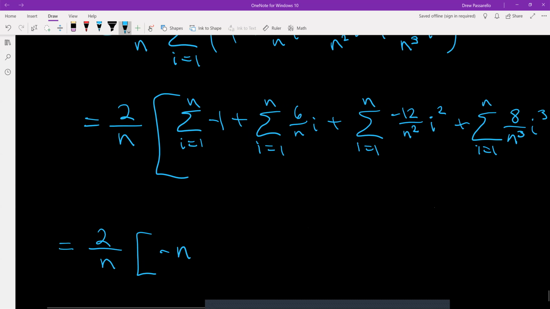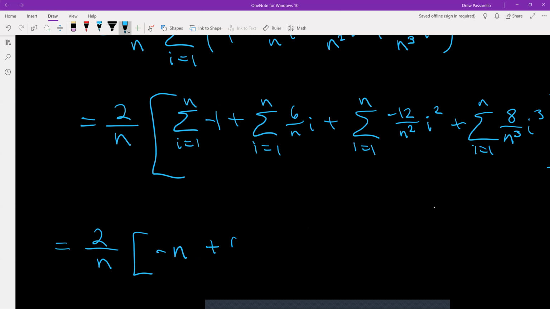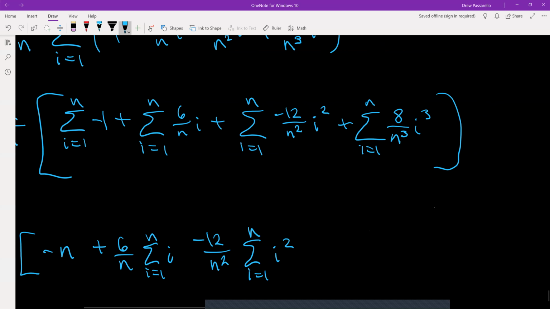And then I'll pull out the 6 over n in front. And then I'll pull out the -12 over n squared, so it only has i squared in the summation. And then I'll pull out the 8 over n cubed.